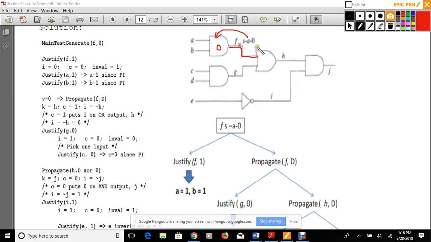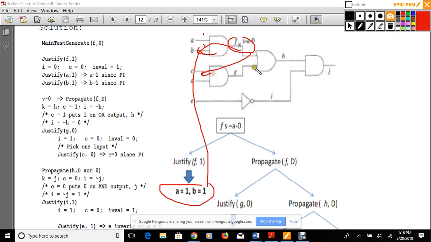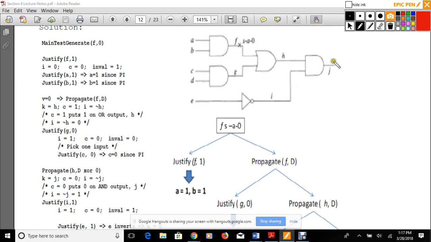If I want to generate a 1 on the output, I need to get a 1, 1, right? So that's what's going on here. And the whole goal is we're trying to figure out what we need to do to get these values back and not have it written out when we get to J. Right?